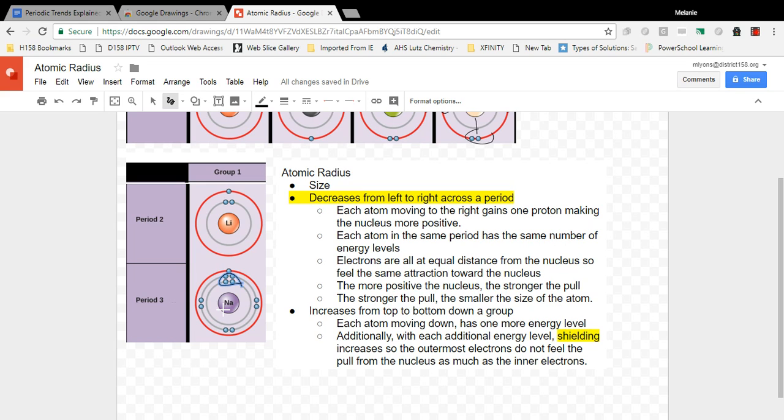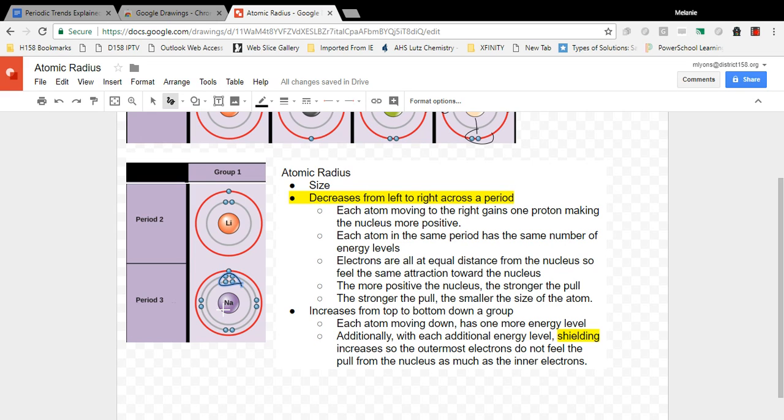The farther away the valence electrons are, the less they feel the positive nucleus. So as we go down a group, that pull in gets less and less, and the atoms get larger.